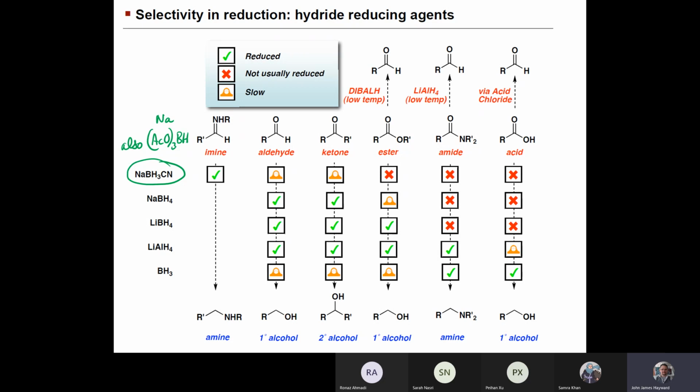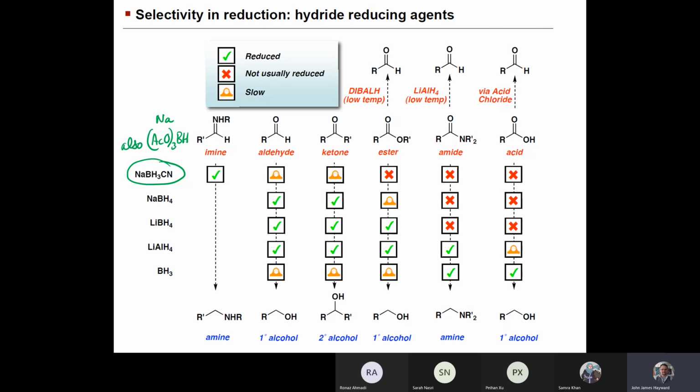That is also a very weak reducing agent, and that will also reduce imines. It will not reduce aldehydes or ketones under normal conditions. So if you want to selectively reduce an imine, remember that was useful for reductive amination, then sodium cyanoborohydride is a good one. Sodium borohydride is good at reducing aldehydes and ketones.